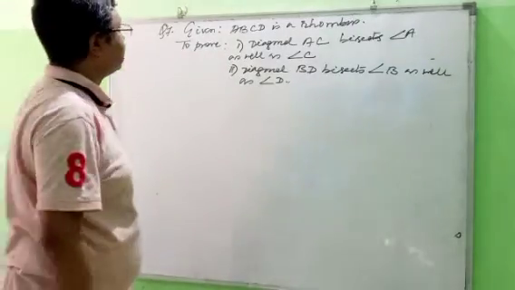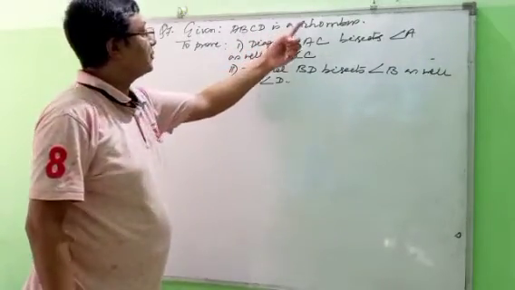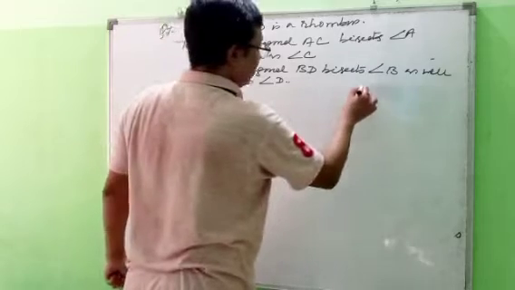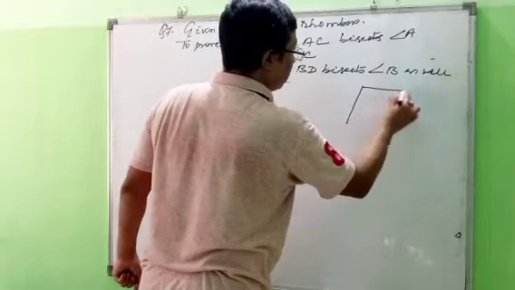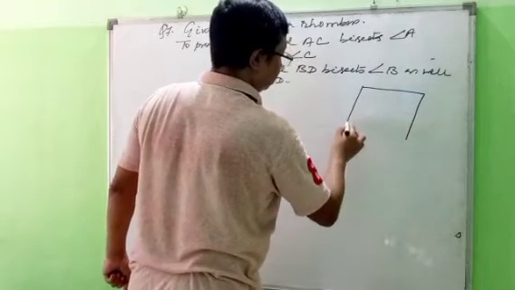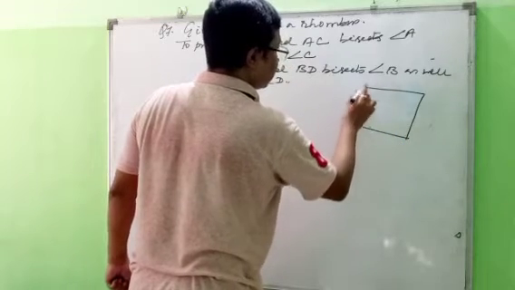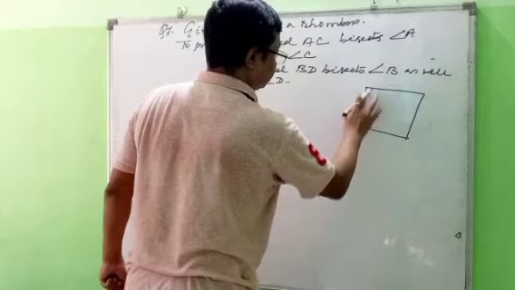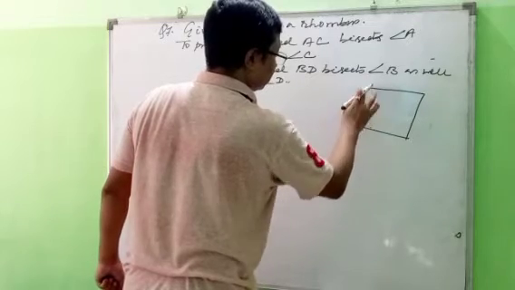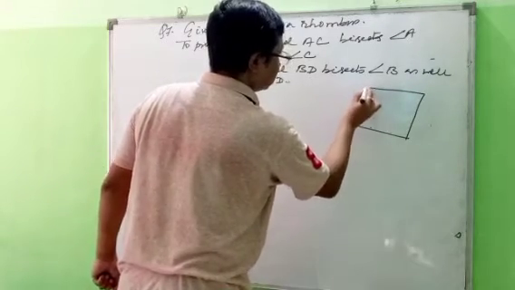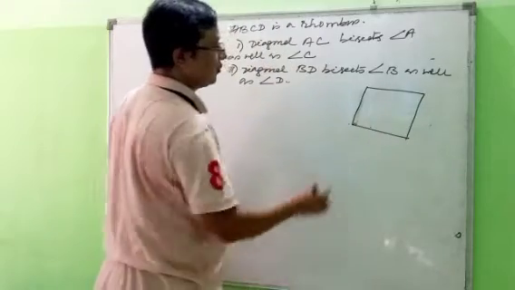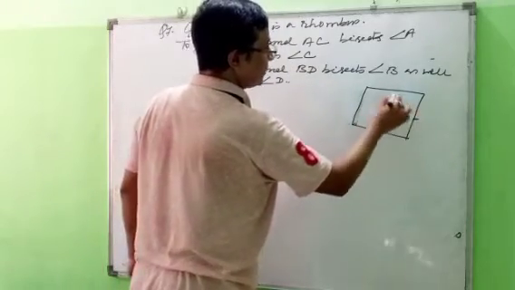Here it is given that ABCD is a rhombus. As you know, a rhombus has all the four sides equal, so you assume that all the four sides are equal.